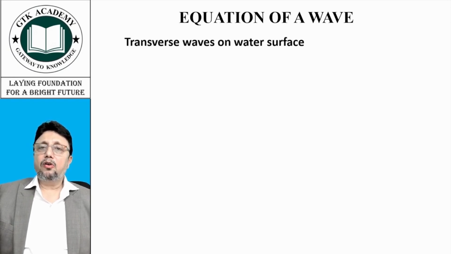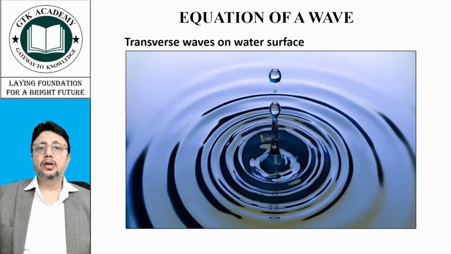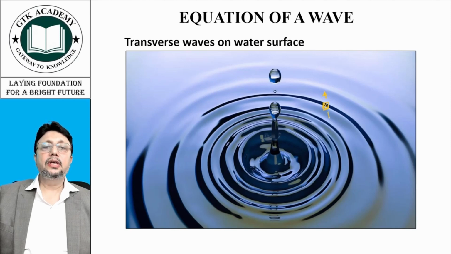Day-to-day example of transverse wave, which are transverse waves on water surface. When you throw a stone in a pond, these kinds of ripples are created. You can see their transverse waves are generated. Now, if you just put a cork here, you will see that cork only oscillates up and down.